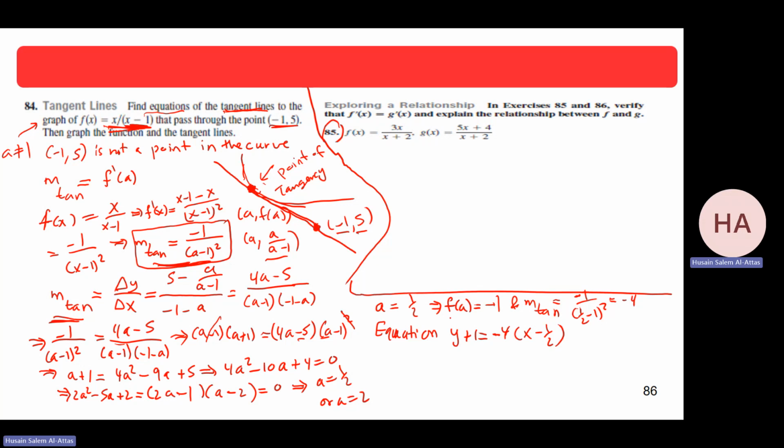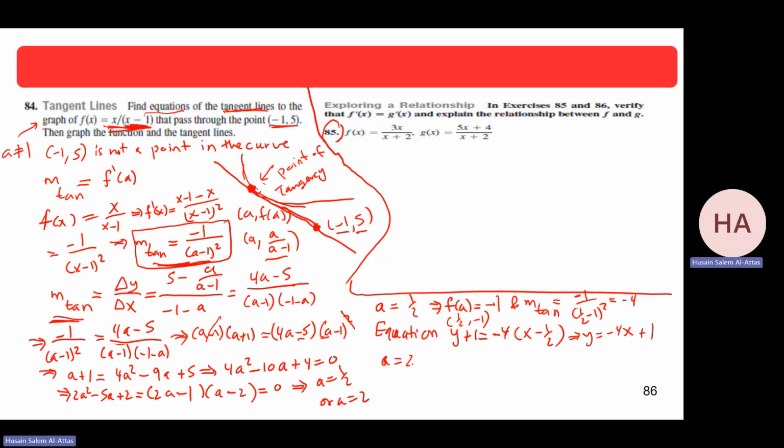Okay, and the point is what? Half and minus 1. This is the point. In other words, y equal minus 4x plus 2. Take 1 to the other side, it will be plus 1. This is the first equation. Second equation, I think it will be easier.